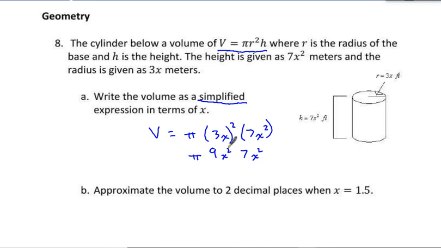We're multiplying all of these things now. 9 and 7 are coefficients and can be multiplied to be 63. Then we usually write pi. Then we usually write the variable, x squared times x squared. We add exponents, we get x to the 4th. So this is the expression, and of course we want that to be equal to V, so we have that simplified as a nice formula to be able to substitute in part B the information.